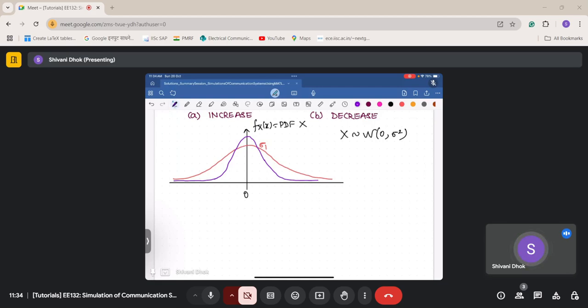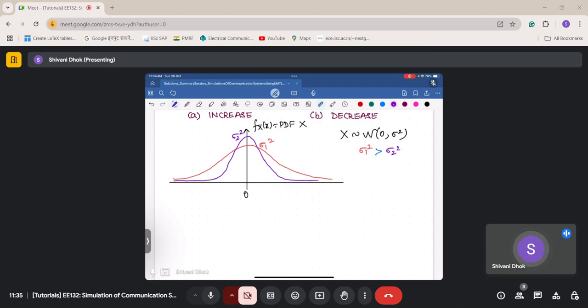So this is for sigma 2. So sigma 1 square is greater than sigma 2 square. So if variance increases, the PDF spreads more. What do you mean by that?